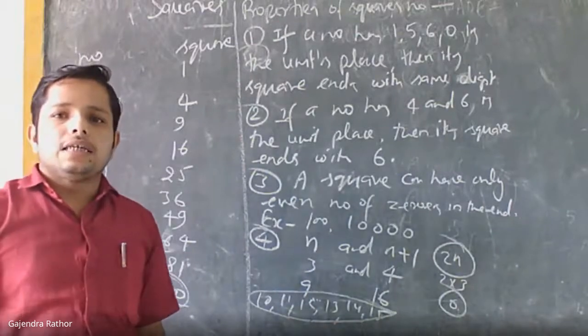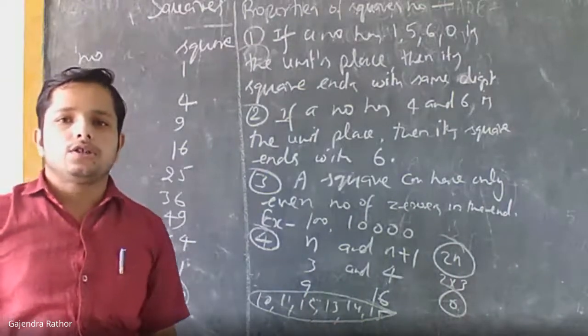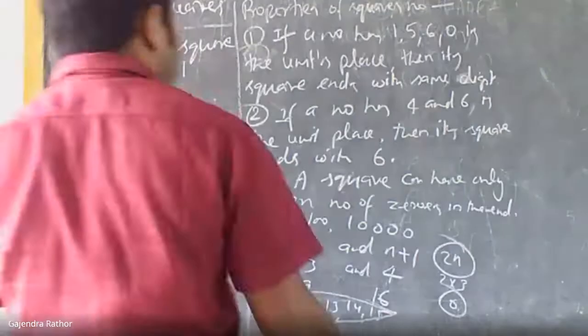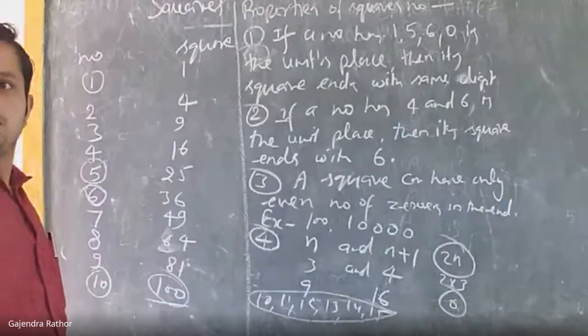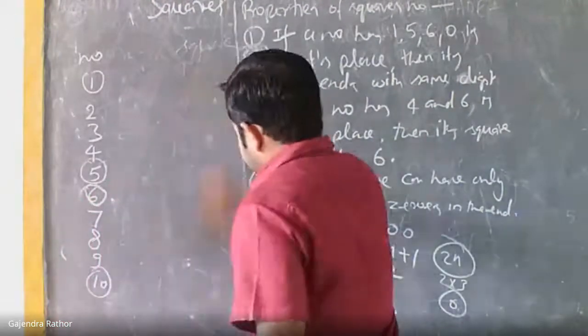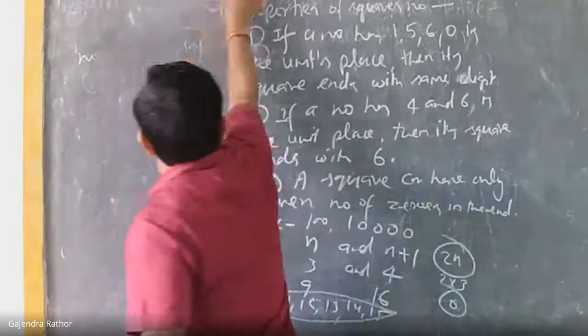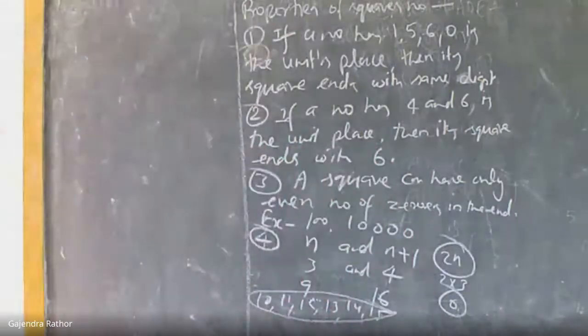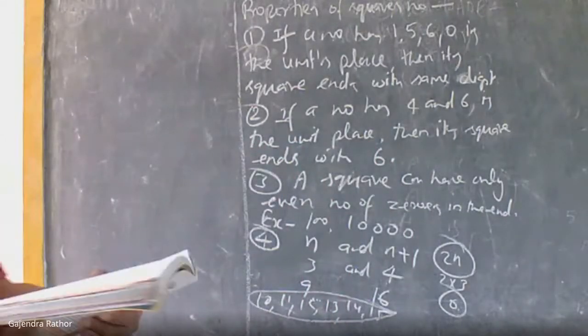There are 6 numbers between 9 and 16. Let's continue. The next is property number 5.